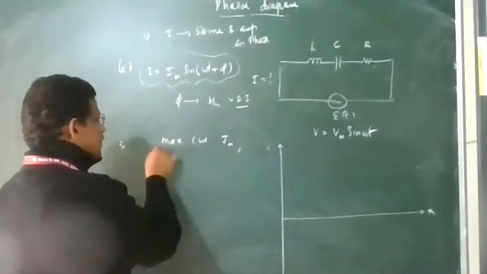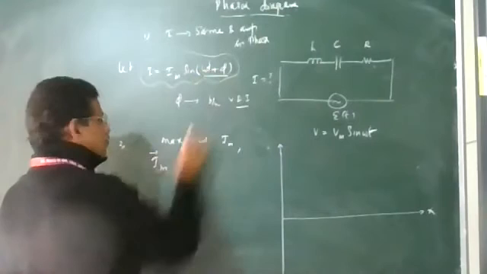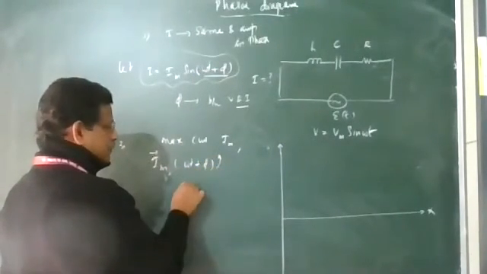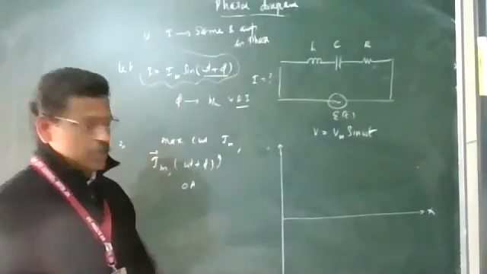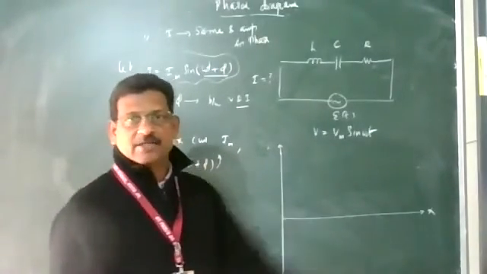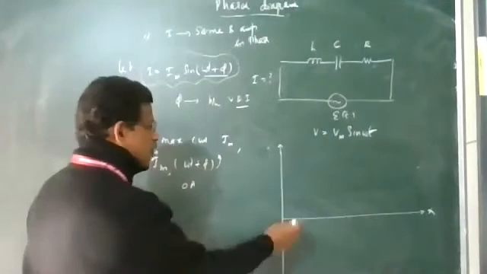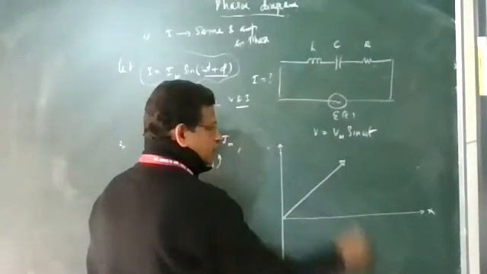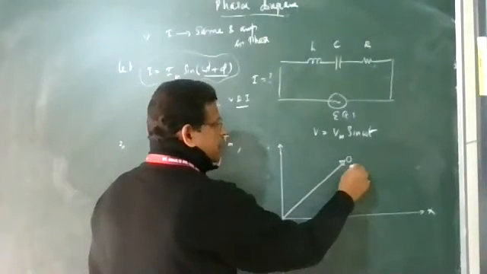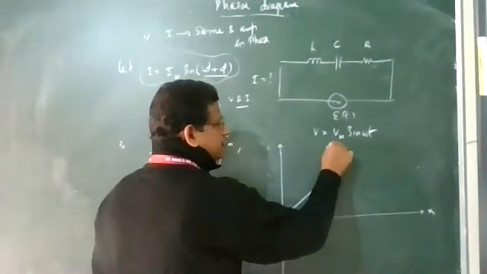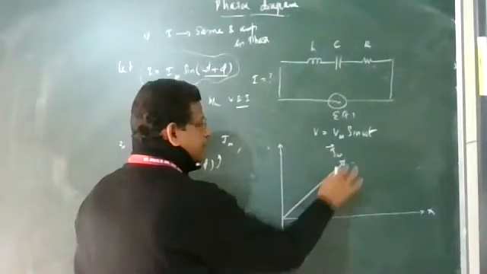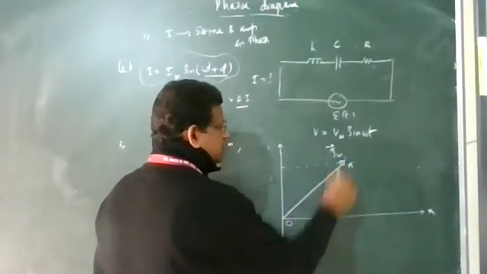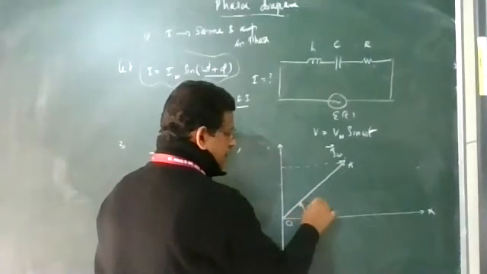The Im phasor rotates through an angle omega t plus phi in the anticlockwise direction and is represented by OA. It is initially along the x-axis, rotates through the angle omega t plus phi, and is represented by this vector OA. Its projection on the y-axis gives the instantaneous value, and this angle is omega t plus phi.